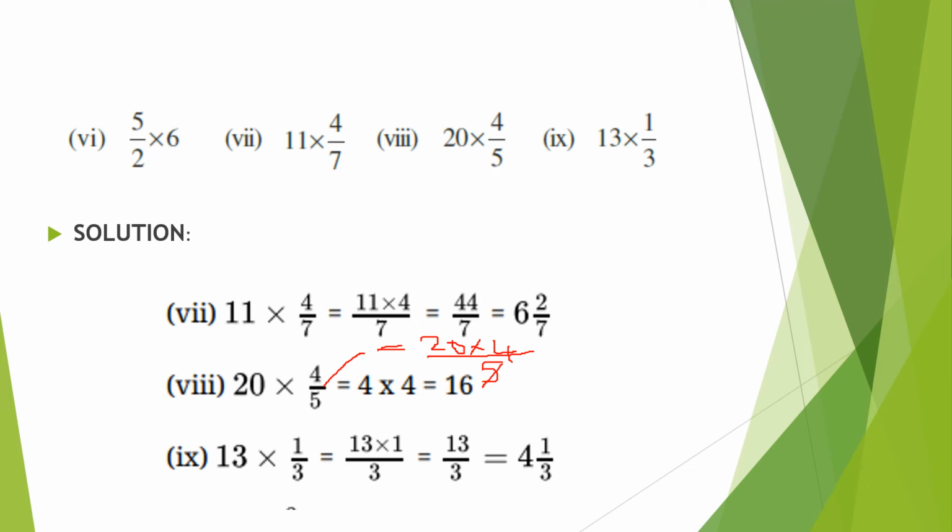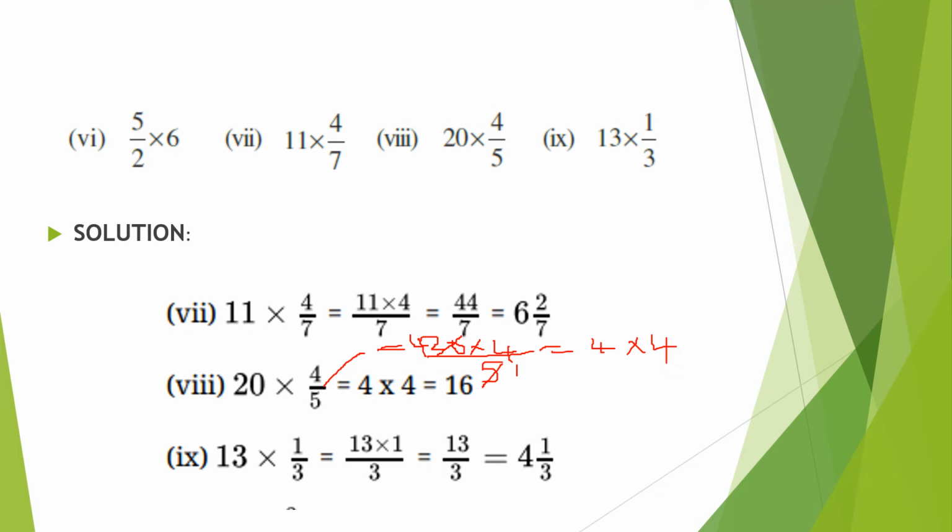So cancel. 5 is common in numerator and denominator. So we get the answer here as 4. That is equal to 4 into 4. This step also you must write down here. So we get 4 into 4 divided by 1. That is 16 is the answer.